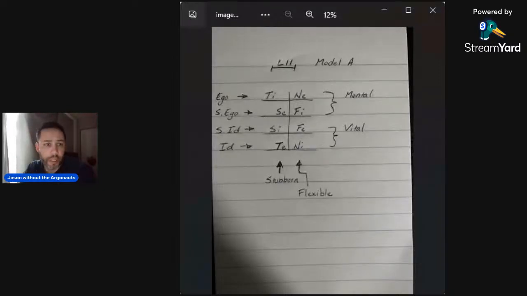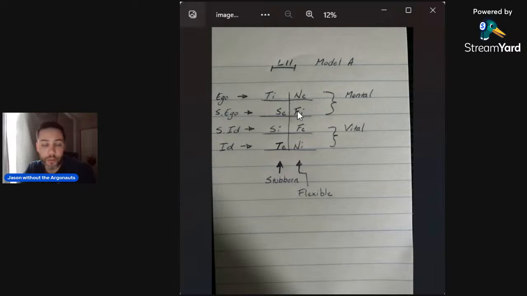This is just kind of a quick, hasty breakdown of the LII in terms of their cognitive functions or their elements, depending on which system you come from. If you're from the MBTI world, you're used to calling all this stuff functions. In Socionics, functions refers to the position, like the base function, the creative function, the vulnerable or polar function, the role function.